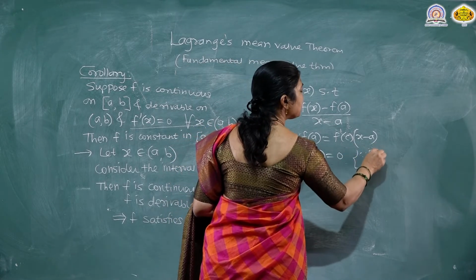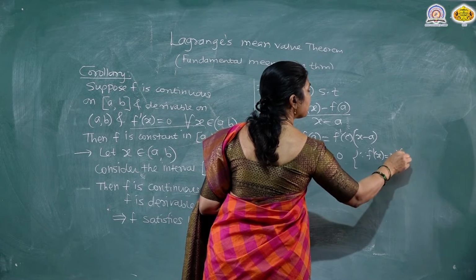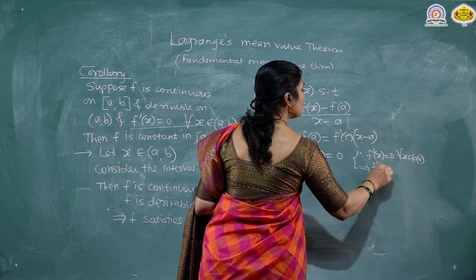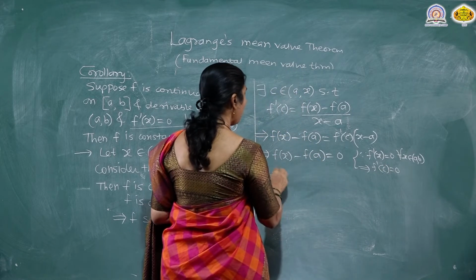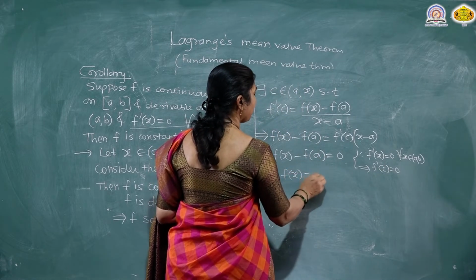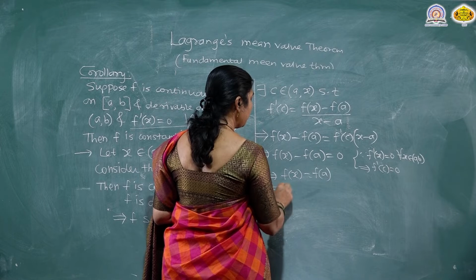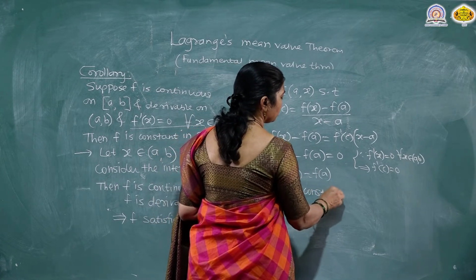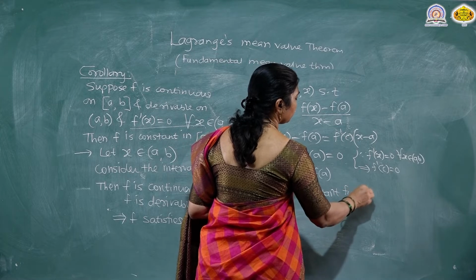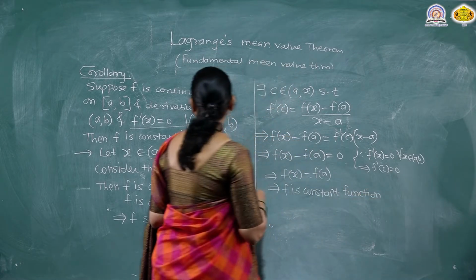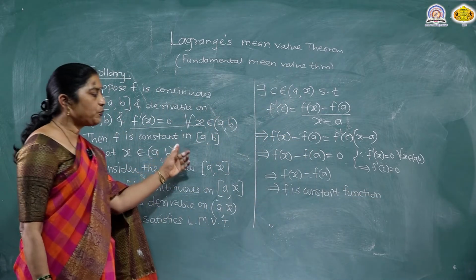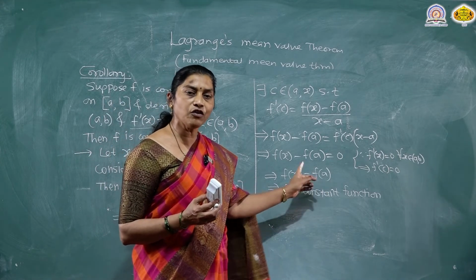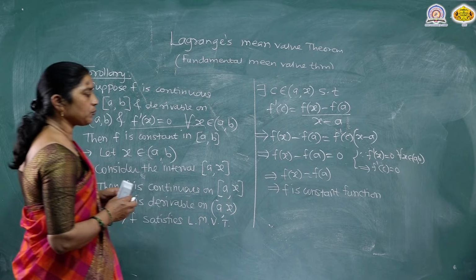Therefore f(x) is equal to f(a). f(x) is equal to f(a) means that f is a constant function. So on this interval [a, b], obviously f becomes a constant function since it takes the value f(a) for every x.